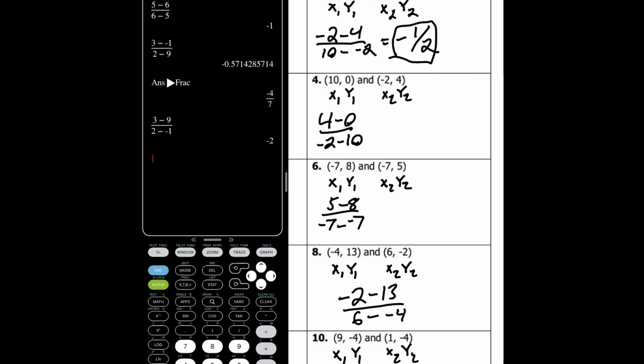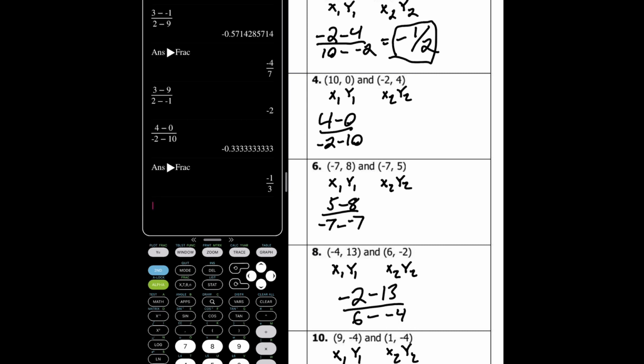Let's finish out the rest of these. Alpha y equals, enter, 4 minus 0, negative 2 minus 10, math, enter, enter, negative 1 over 3.